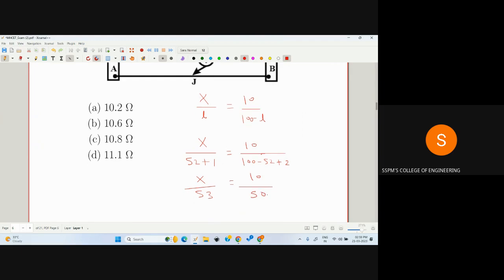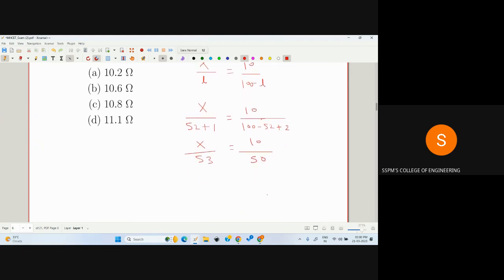And then find X. What is X? X is equal to 10 into 53 divided by 50. 53 divided by 50, multiplied by 10, is the unknown resistance.